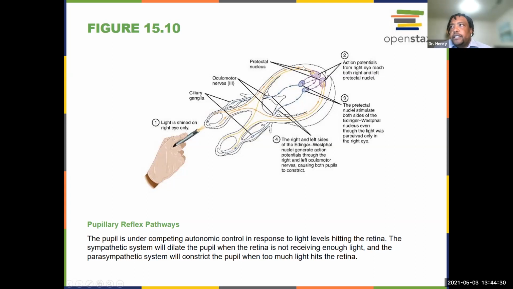And so the action potential from the right eye reaches both the right and the left pretectal nuclei. And so then it sends the reflex. When it sends a reflex, the pretectal nuclei are going to be stimulated on both sides.